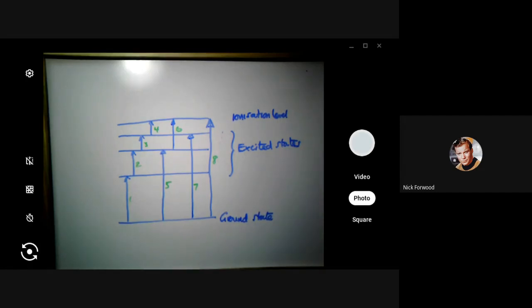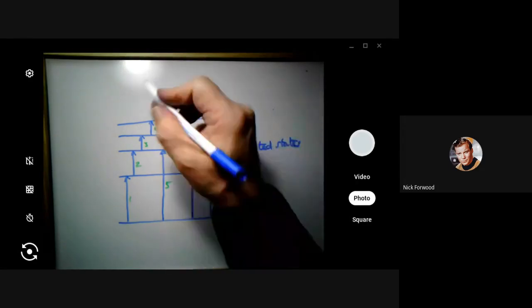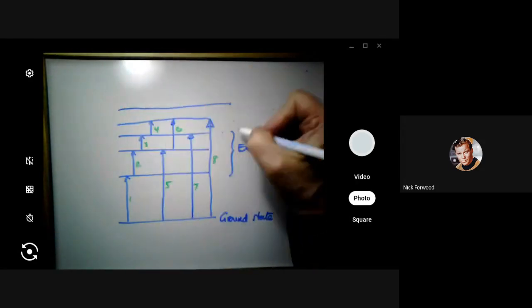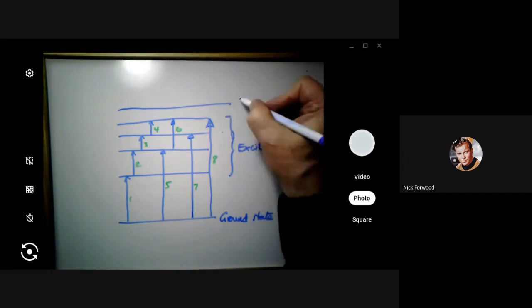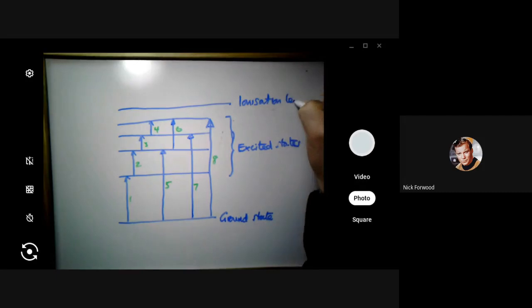And I could just carry on with this. I could add another one in and call it a fourth excited state. And I could put another one here, and this becomes another excited state, and this becomes a new ionization level. And how could I get there?